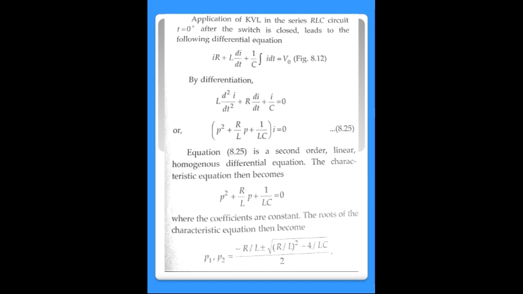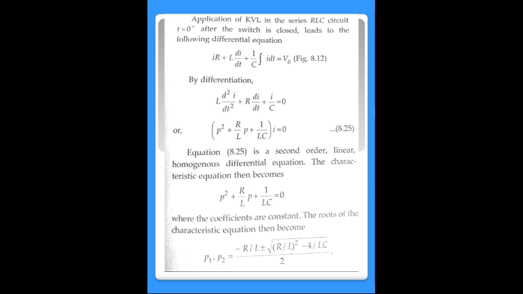Now differentiating the equation, we obtain L d²i/dt² plus R di/dt plus 1/C times i is equal to 0, or P² plus (R/L)P plus 1/LC times I is equal to 0.